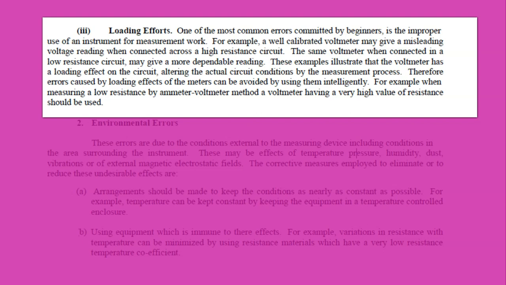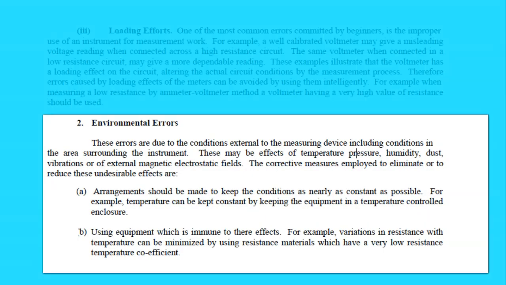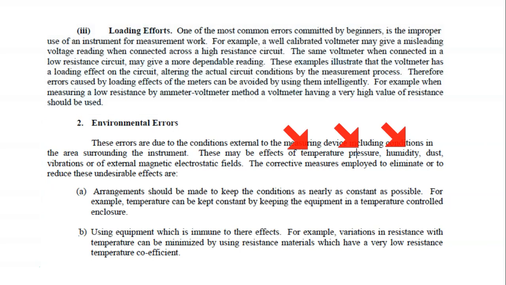The second error in systematic error is environmental error. From the name itself, you can understand. Due to environmental conditions like temperature, pressure, humidity, dust, vibrations, or external magnetic or electrostatic fields, if there is error, it is called environmental error. How can you reduce these environmental errors?